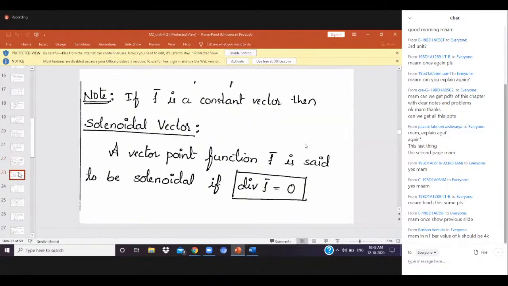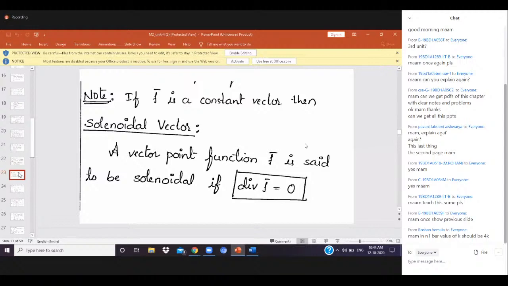After completion of divergence we have the solenoidal vector. This is very important, and problems are also there. If divergence of f bar equals 0, then f bar is said to be a solenoidal vector. A vector point function f bar is said to be solenoidal if divergence of f bar equals 0.